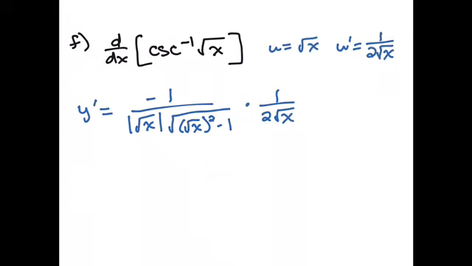Now, the square root of x is a positive number, so I don't really need the absolute values there. And when we do the square root of x times the square root of x, we're just going to get x. So this becomes negative 1 over 2x times the square root of, when I square the square root of x, I just get x minus 1.